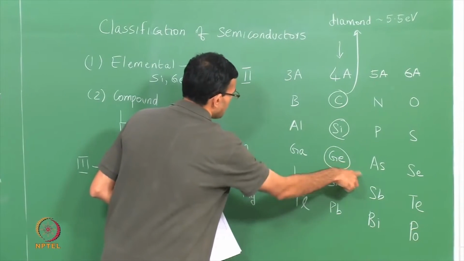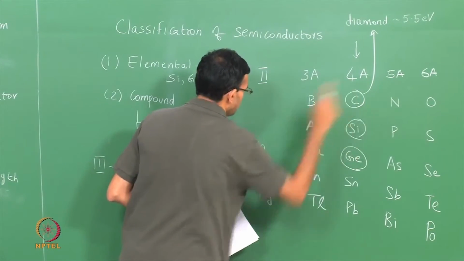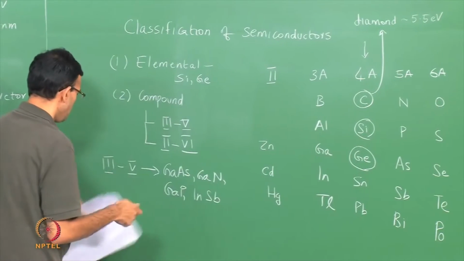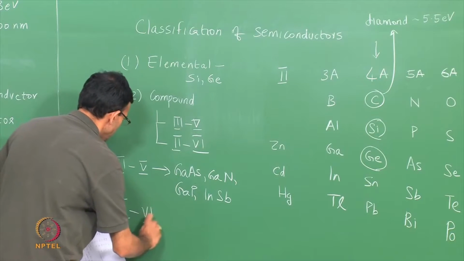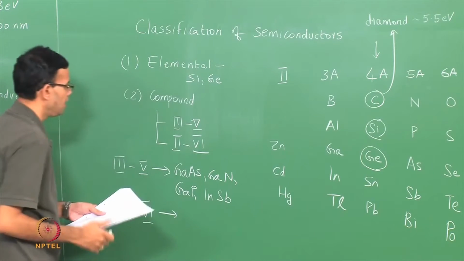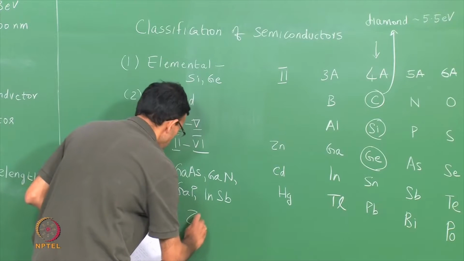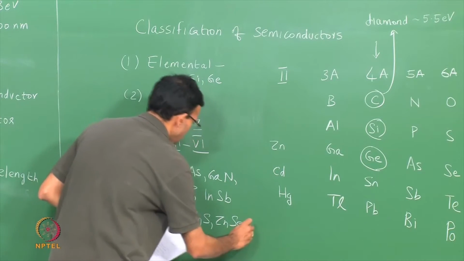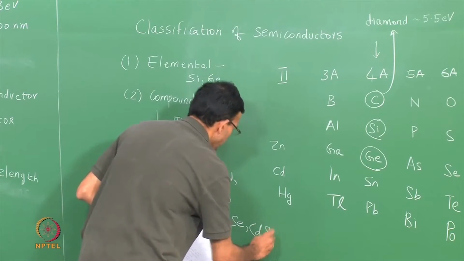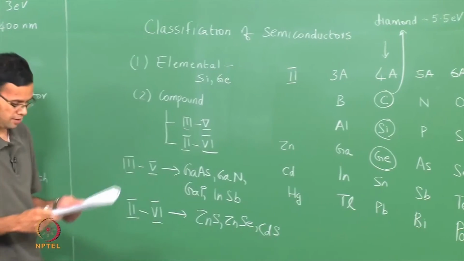So, gallium arsenide, gallium phosphide, gallium nitride, and so on. You can also have elements from 2 and 6. Again, some examples are zinc sulfide, zinc selenide, cadmium sulfide, cadmium selenide, and so on.